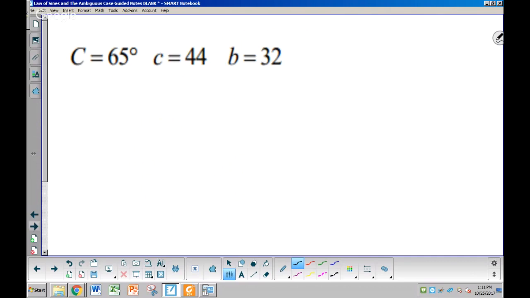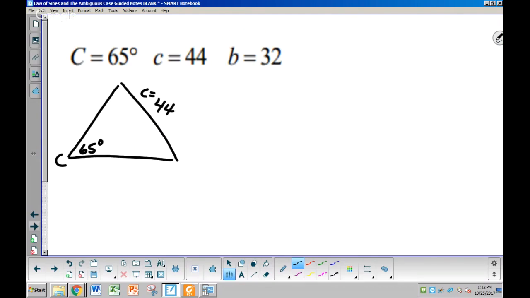All right, let's draw this one. C is 65 degrees, so there is angle C. I'm going to make it 65 degrees. Little side C, or the side opposite, is 44. B, it doesn't matter where you put B. I'll put it in the same place you do. Where do you want to put it, above or below? Below, okay.